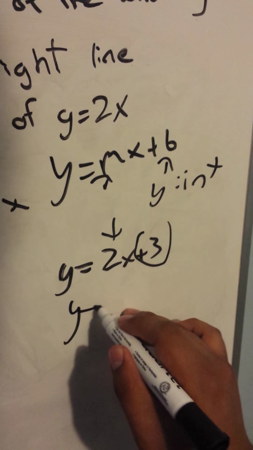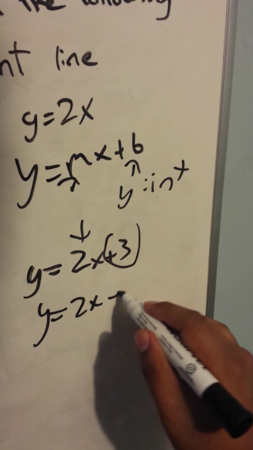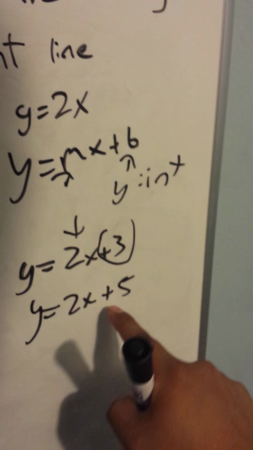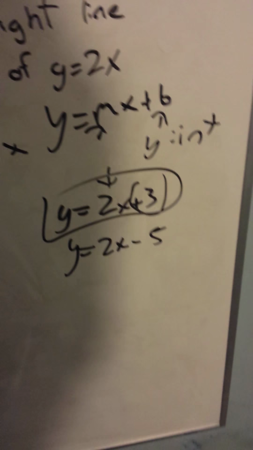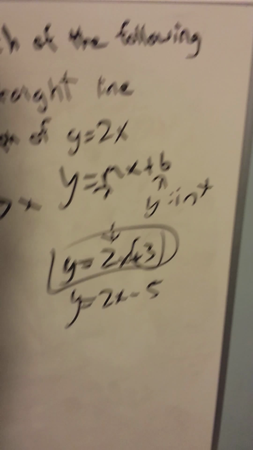So we could say that y equals 2x plus 5, or we could say -5, and these are all possibilities that will still generate parallel lines to the original line. So all we have to do is just change the y-intercept for these problems.